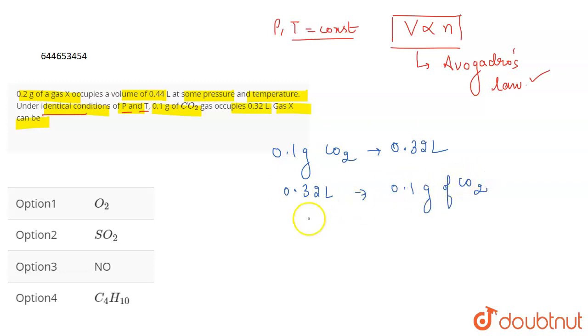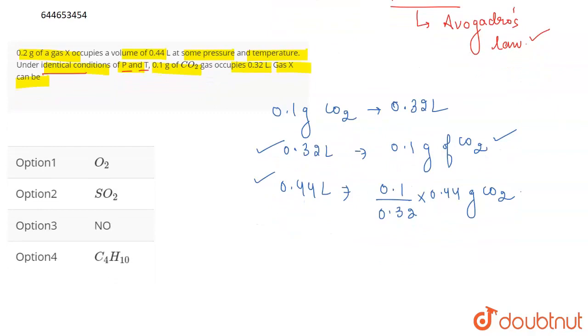We are using the unitary method here. If we talk about 0.44 liters, what will be the mass of CO2 at 0.44 liters? This will be 0.1 divided by 0.32 into 0.44 grams of CO2. At 0.32 liters the mass of CO2 is 0.1 grams, and at 0.44 liter the mass of CO2 is equal to this much that we have calculated here.